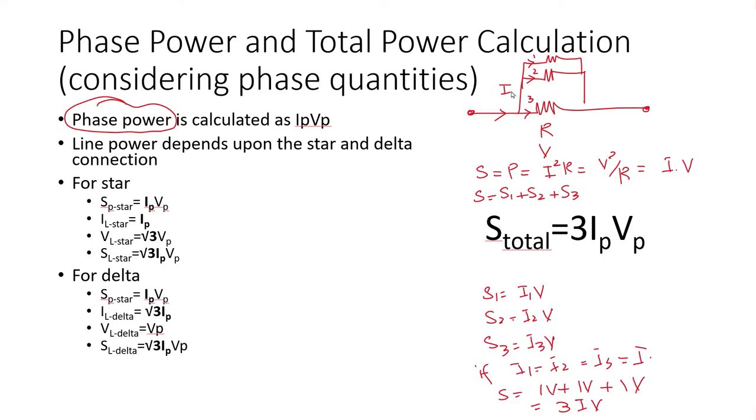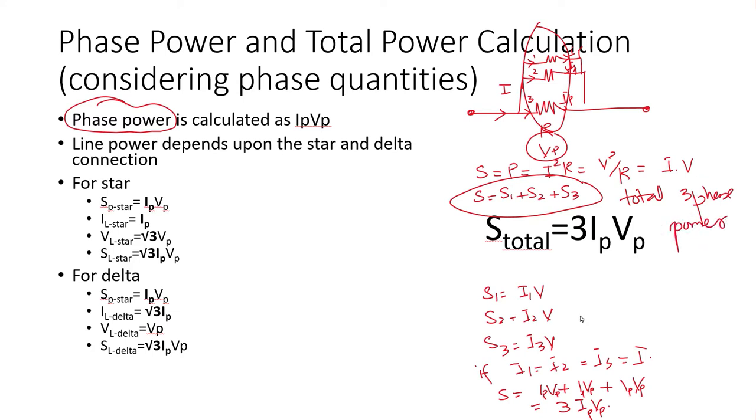Now let us consider that this I is actually the phase current, IP, and this voltage is VP. So we can say that the total would be equal to 3 IP VP. So actually when we combine these three powers, S1 plus S2 plus S3, we get the total three-phase power. Okay, so this is our general discussion about adding powers of different phases.